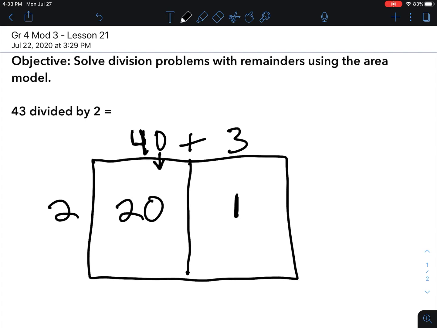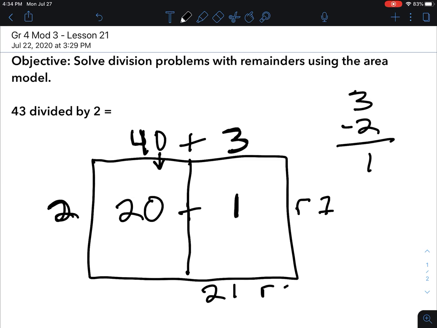So just like with the other methods for division, I have to think, all right, well, 3 and 1, 2 is equal to 2. So all I have to do is take this number and my divisor and find the difference, and that's my remainder.